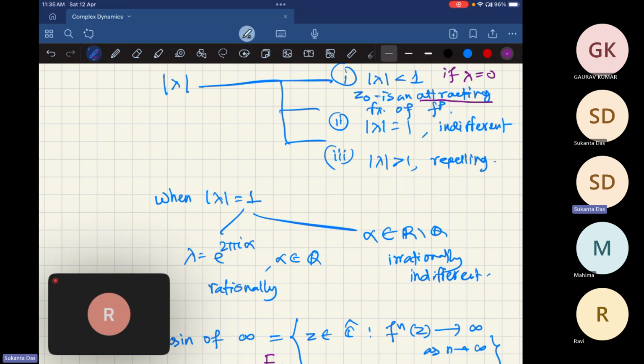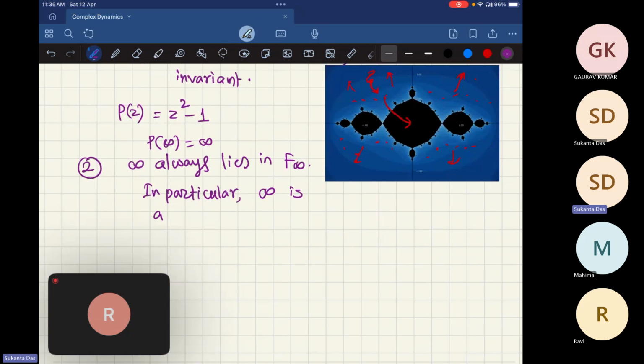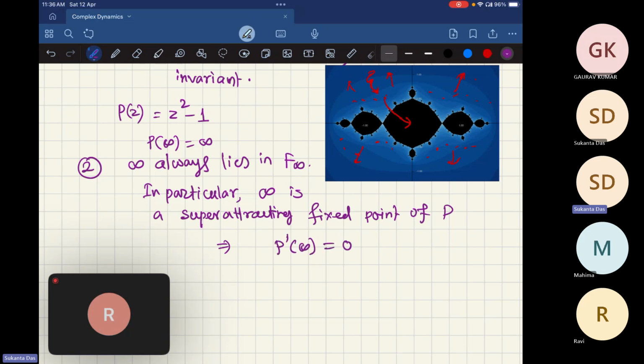Okay, if lambda is 0, it is called super attracting. But if you take any polynomial, infinity is a super attracting fixed point of p, means p dash infinity is 0.